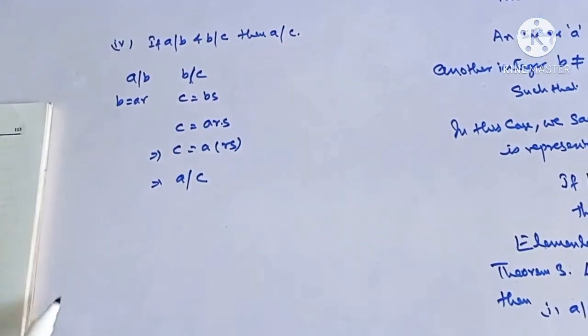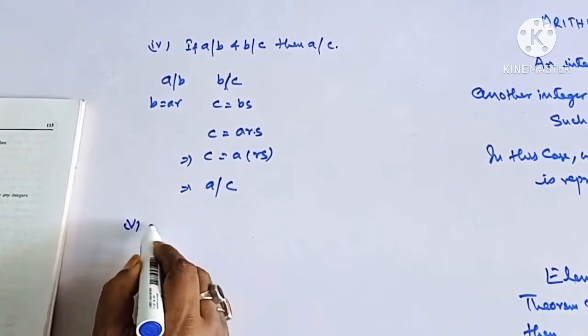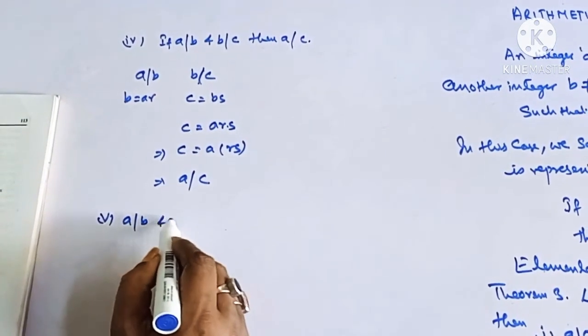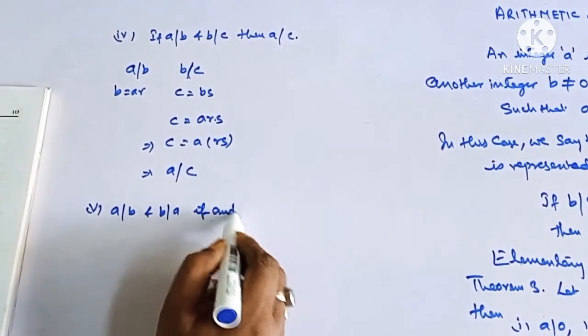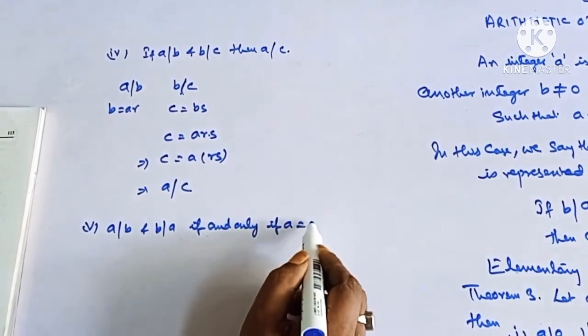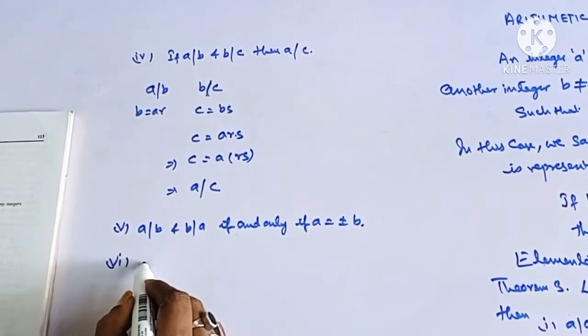Now we are going to 5. a divides b and b divides a. This is possible if and only if a is equal to plus minus b. Now 6.